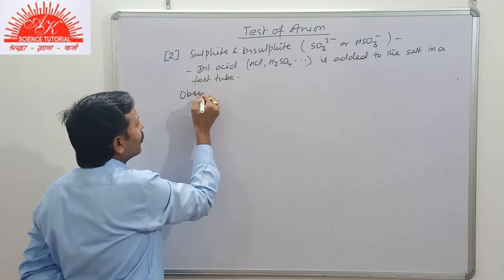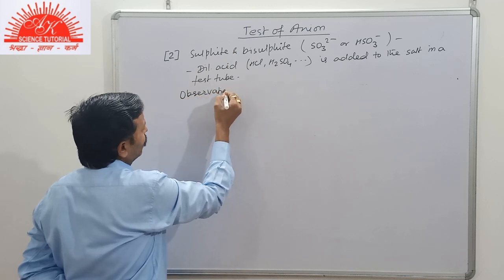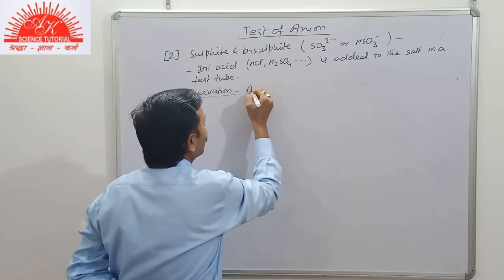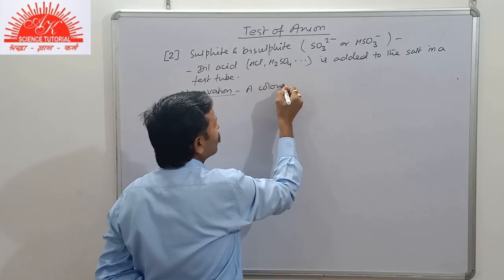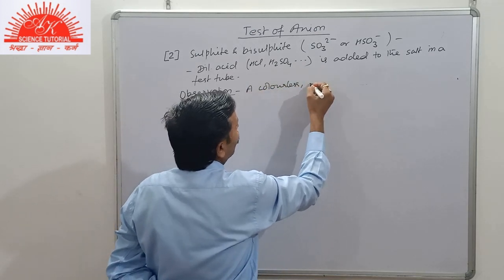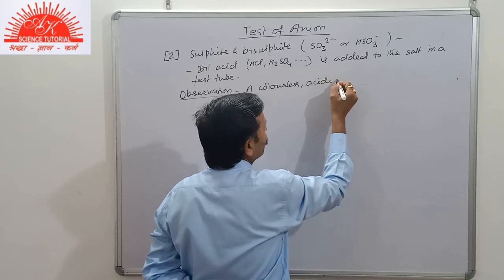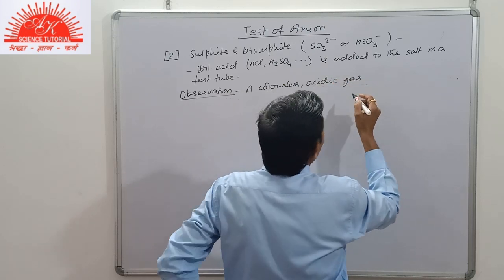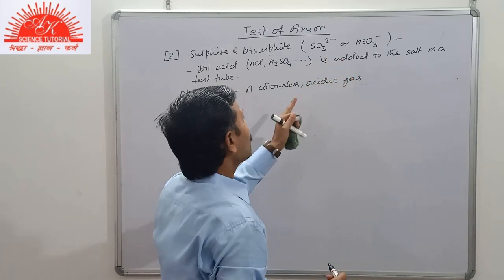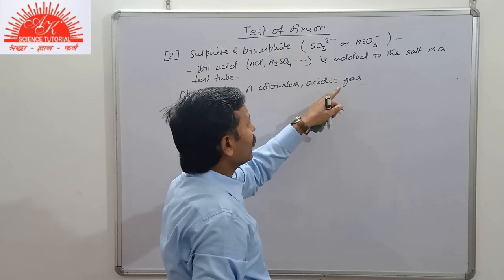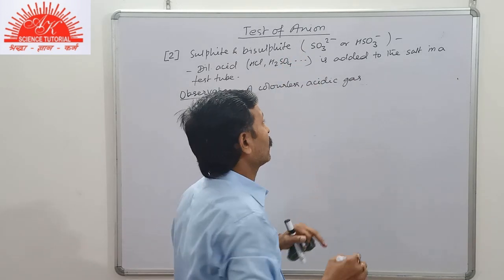Now, you will have to write its observation. That is a colorless acidic gas. Now, here this time we will not write odorless because there was carbon dioxide, but here the gas is sulfur dioxide.